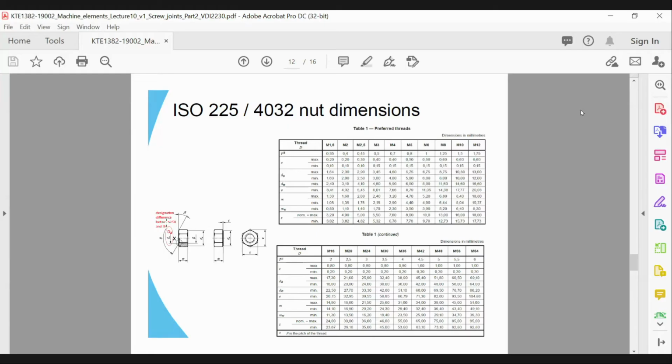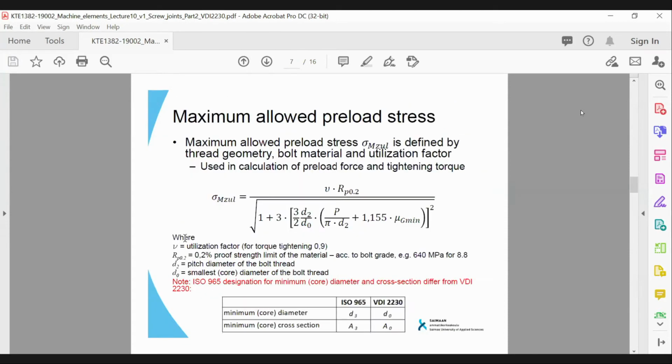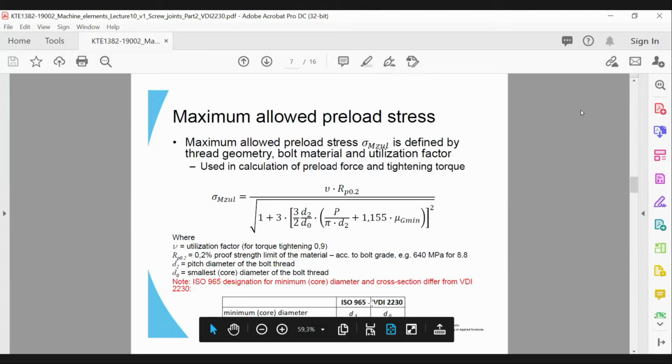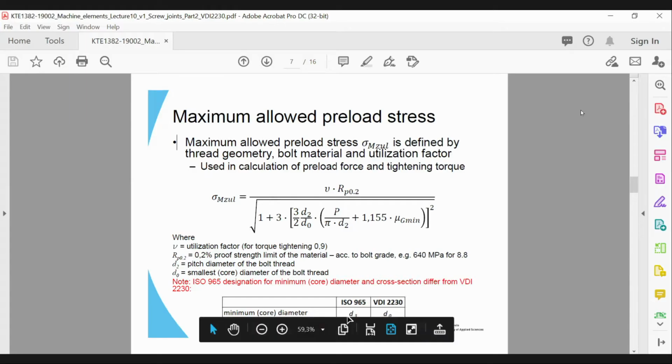So this DA and D3, D0, they are not the same in the ISO and VDI equations. So when the VDI equation requires D0, you will use the D3 out of the ISO.